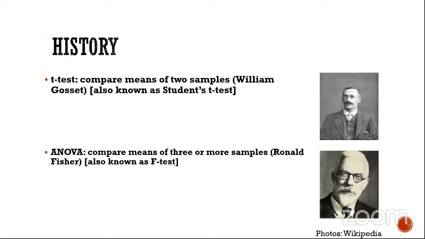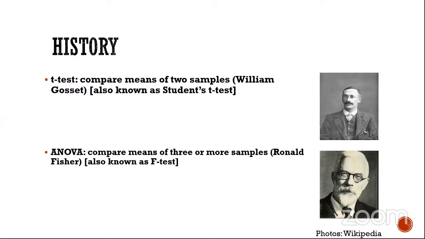So this is the history of ANOVA. First of all, William Gosset developed the t-test. In the t-test, you can measure only 2 variables, control and treatment. You can compare the mean value of control and the treatment, and it can give you the answer whether the control and treatment are the same or not.